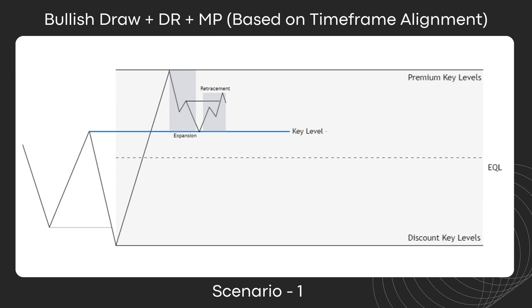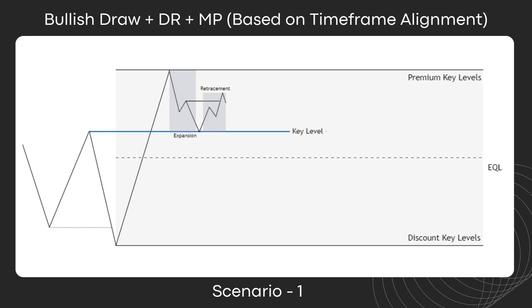But the market profiles that we will be discussing would be on the lower time frame. So don't confuse the two with each other. One is on the higher time frame and the other one is on the lower time frame.